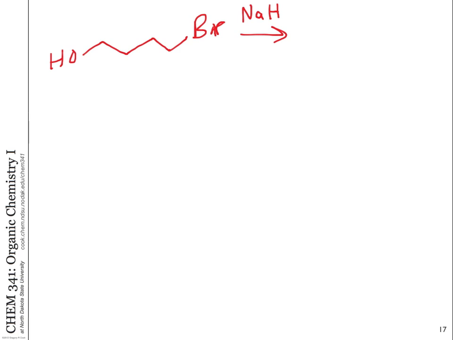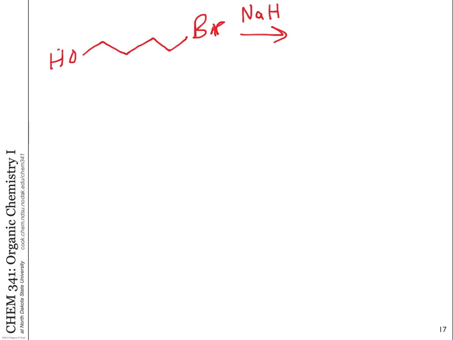What do you think is going to happen? I changed things a little, right? I have an alcohol, which I'm deprotonating and making an alkoxide by that base, attached in the same molecule as a carbon with a leaving group. Guess what? It can work. It works just fine. Sodium hydride will deprotonate this.